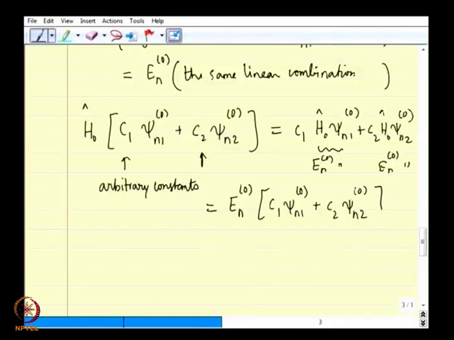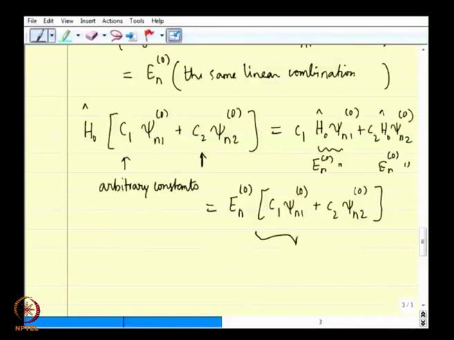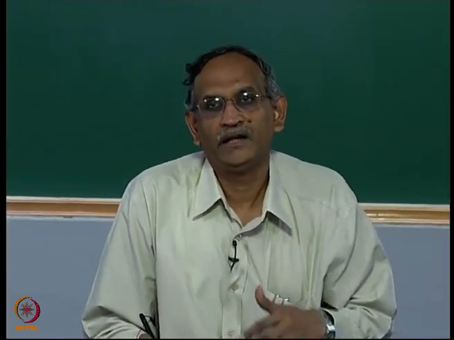This is the only fact that we need to make use of in redefining our corrected wave function, the psi n, the first order or second order or whatever. We will introduce two undefined arbitrary linear constants, which will have to be carried through in the algebra for solving the equation H psi n is equal to En psi n.